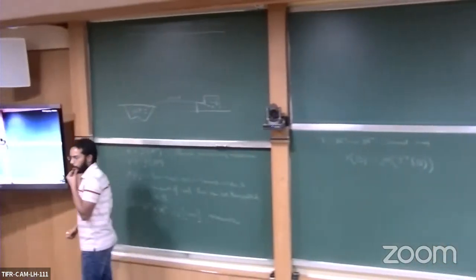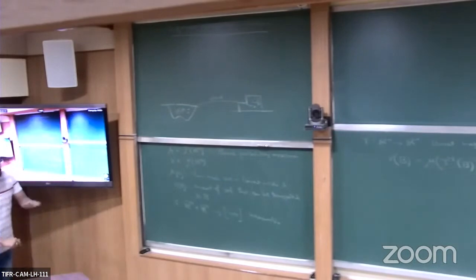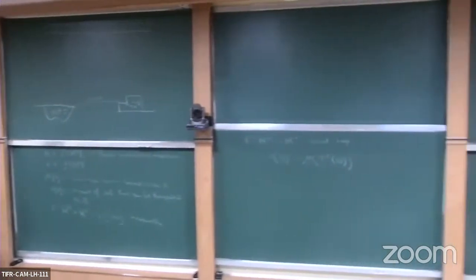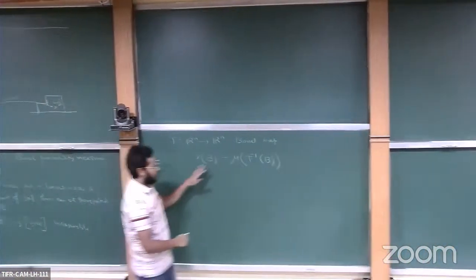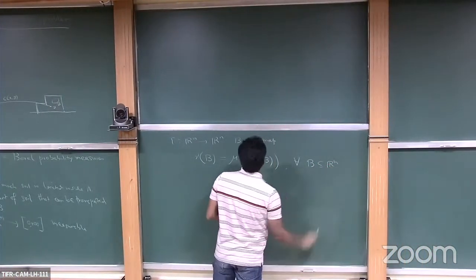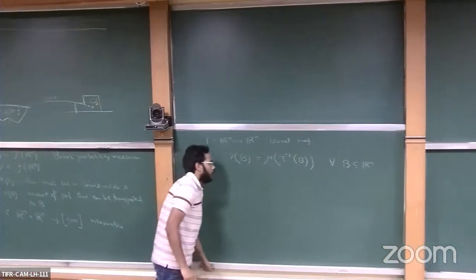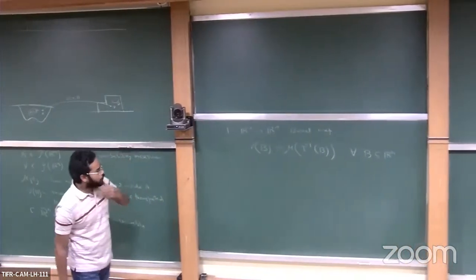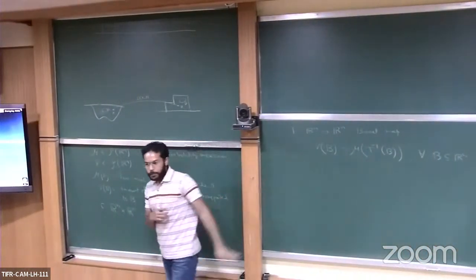So this is a decent analysis. And this should be true for all Borel subsets B of Rn.